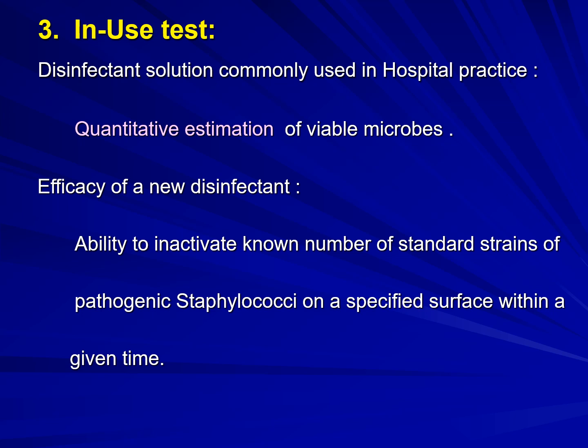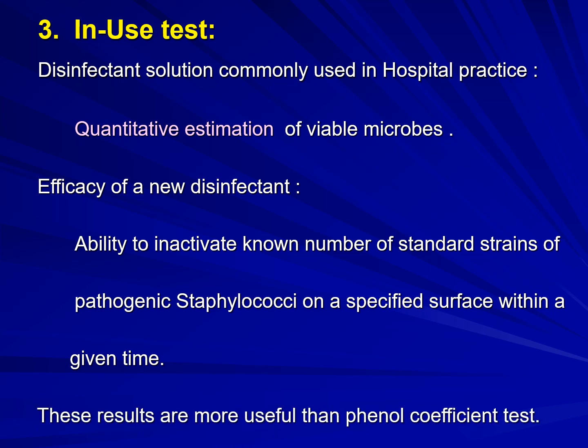And the important thing is, to know whether the disinfectant is working or not, we can do this test, that is the in-use test. So here it is the ability to inactivate a known number of standard strains of pathogenic staphylococci on a specified surface within a given time. These results are more useful than the phenol coefficient test.